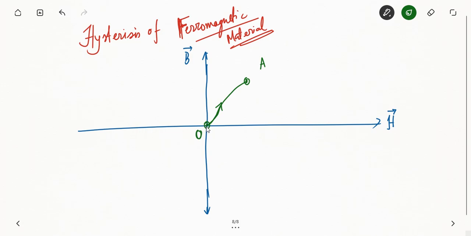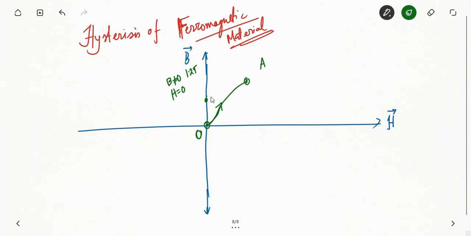Here H is 0 and B is not equal to 0; suppose we get 1.2 Tesla.